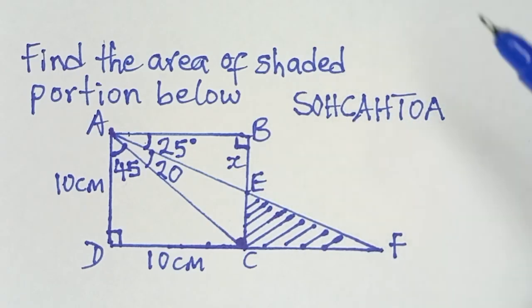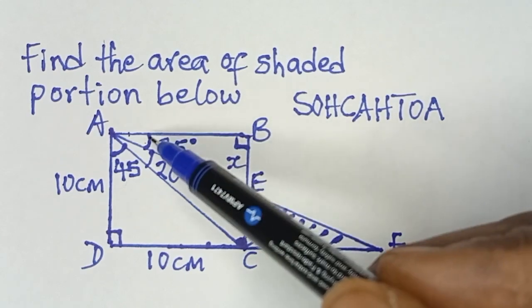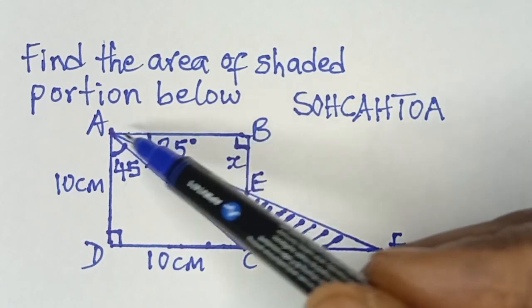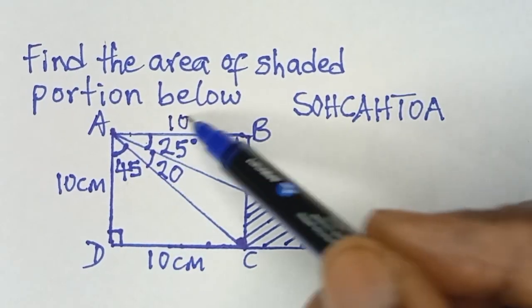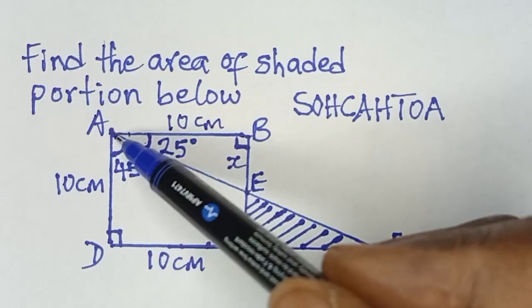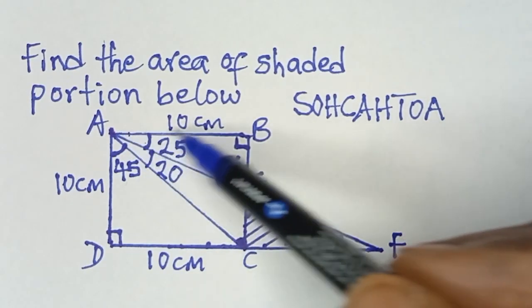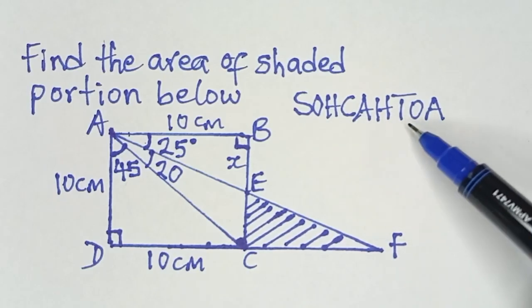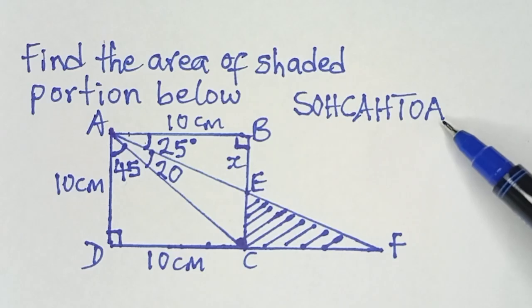So from SOHCAHTOA, this side that is opposite the angle 25 is the opposite side. And this side that we know, AB, don't forget AB is 10 centimeters, is the adjacent side. So opposite and adjacent: if you check, it is TOA that has to do with opposite and adjacent.